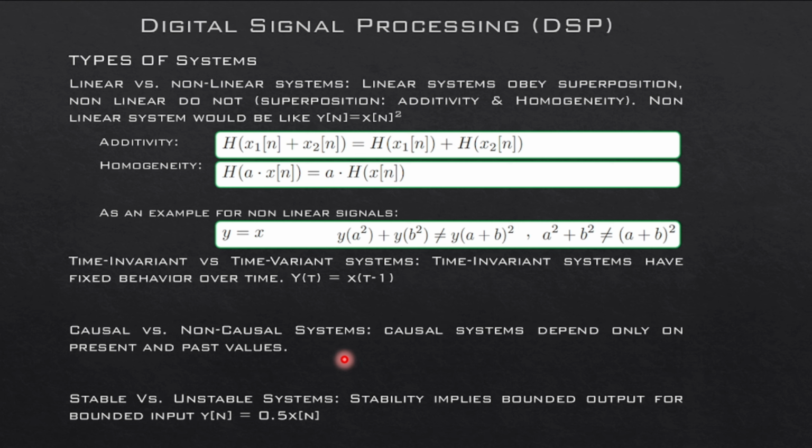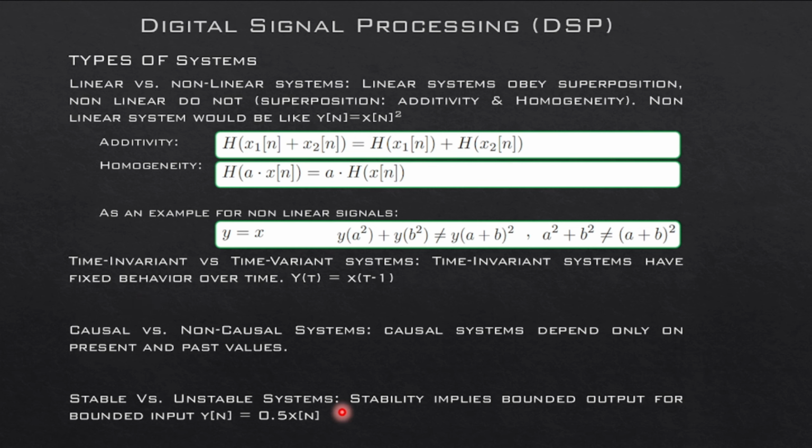To make it simple, causal signals should only have values for n greater than or equal to 0. For n less than 0, x[n] should always be 0, having no values, for the system to be causal. That's the simplest way we can put it.